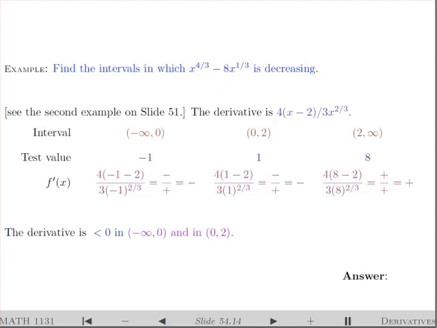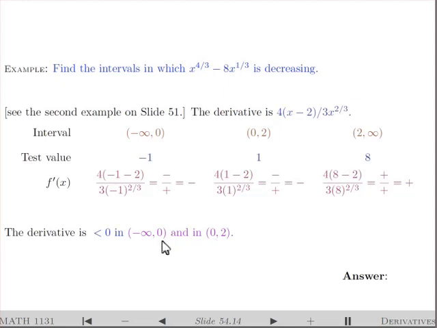And it specifically matters in a situation like this, where a function is decreasing in two contiguous intervals. If the original function is not continuous at the common endpoint, then you cannot combine the two intervals. But if it is, you can, and you may be expected to do so in the online homework.